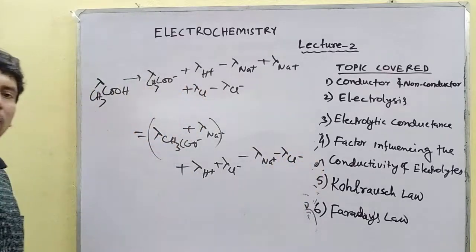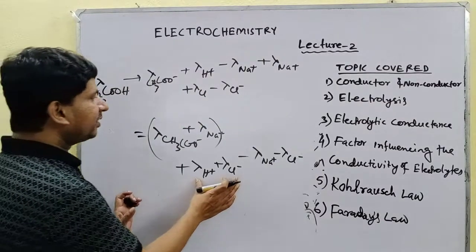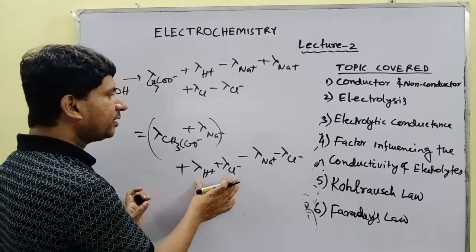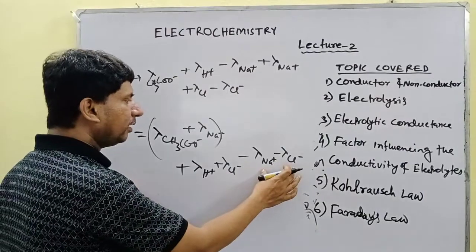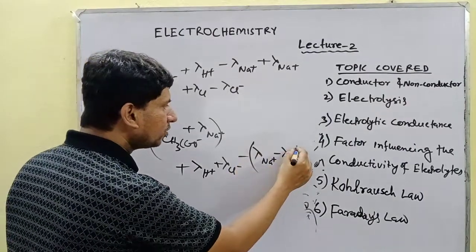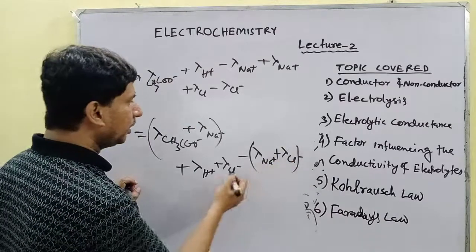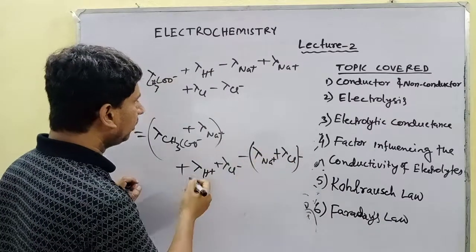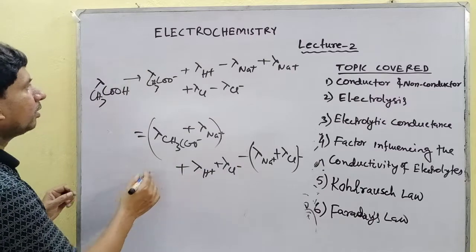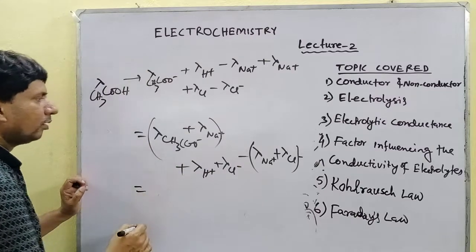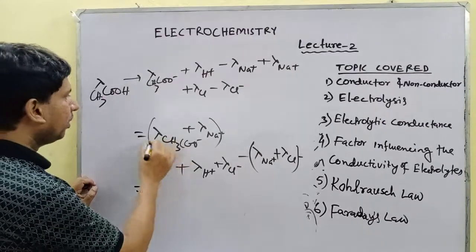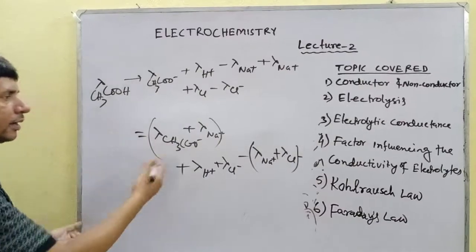What happened? The H+ and Cl- together form HCl, and the Na+ and Cl- form NaCl. Na and Cl cancel out, leaving just HCl and acetate, which is acetic acid.